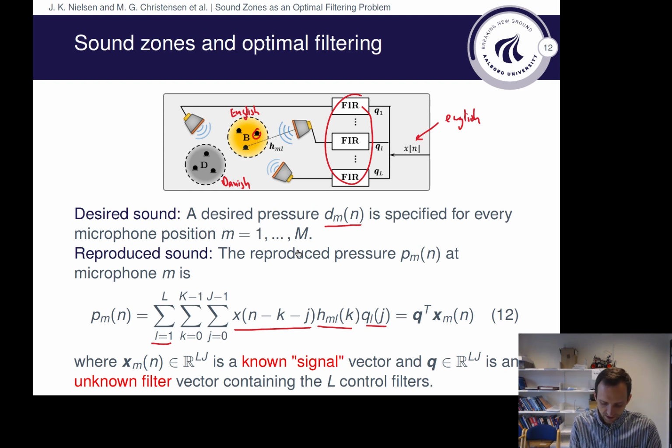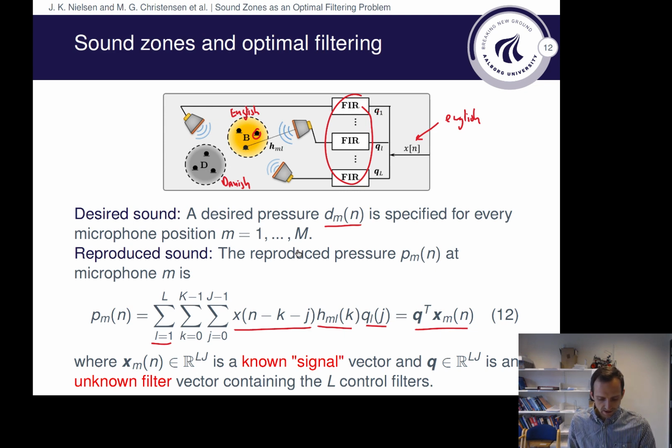I've written this as an inner product here, q transpose times x_m of n, where q is our unknown filter vector, essentially a stacked version of all these filters, and x_m is a stacked version of the individual contributions from every loudspeaker to that particular control point, if we didn't apply any control, so if we didn't have these control filters. Therefore we refer to x_m as the uncontrolled source signal. But of course reverberation is included in this.